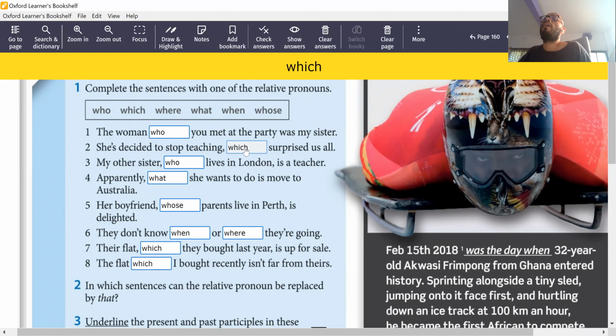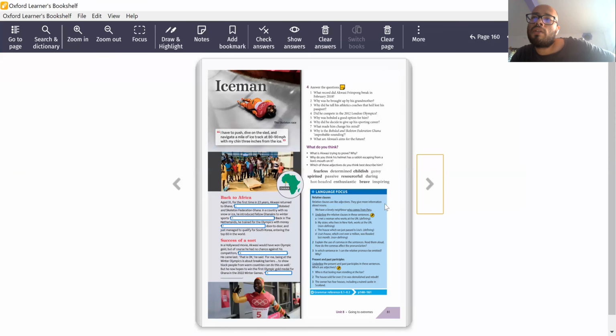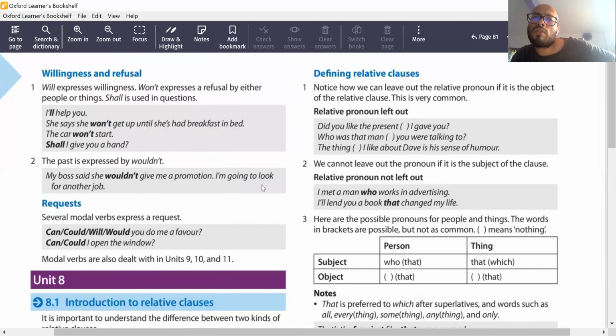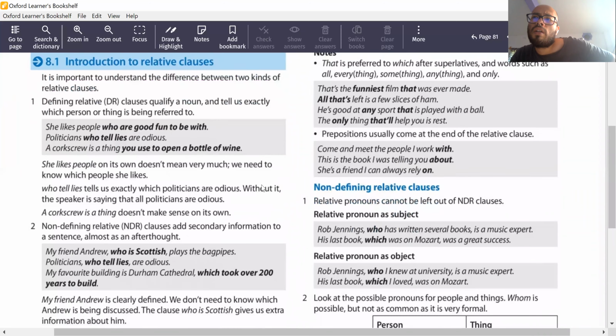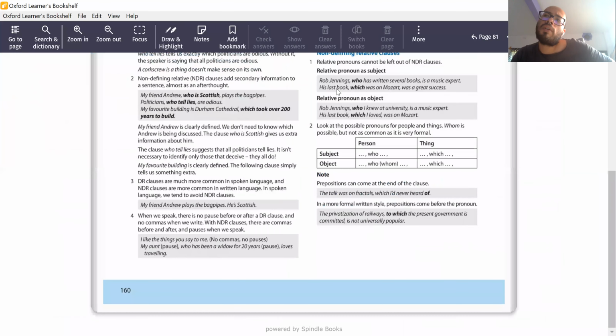Those are when we want to emphasize or give extra information. Non-defining are with commas and defining are without commas.